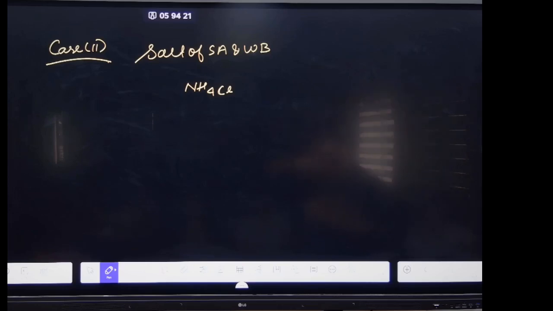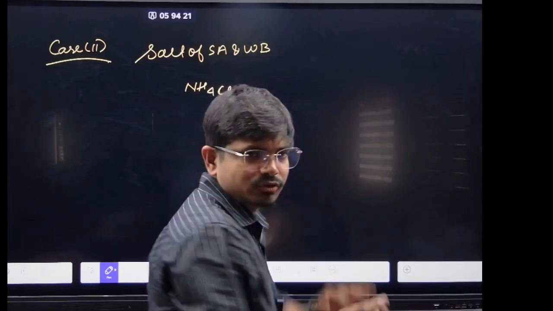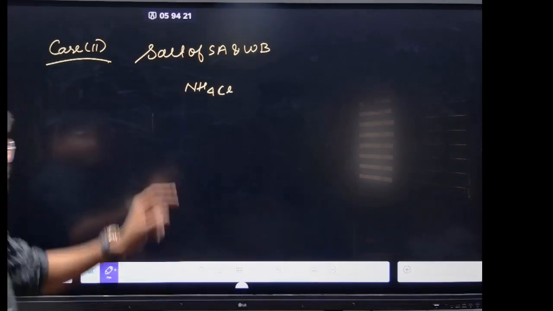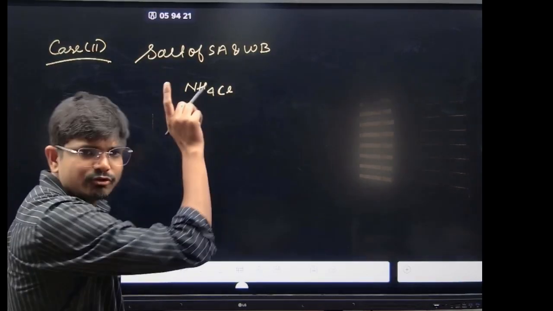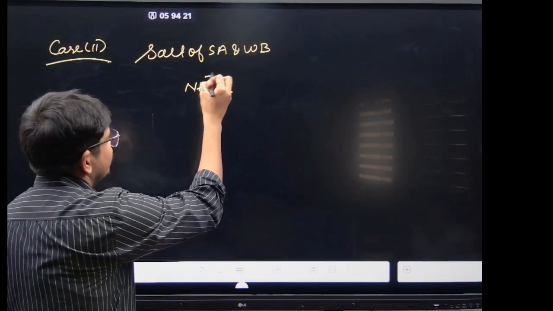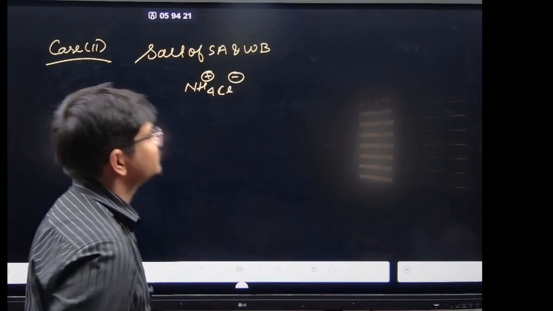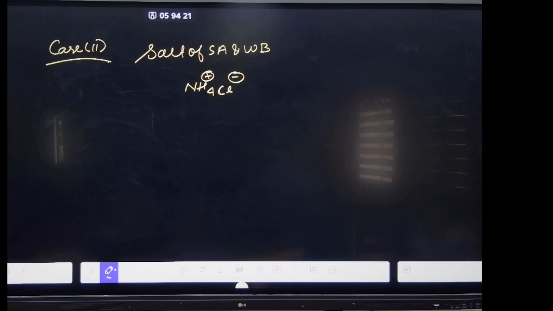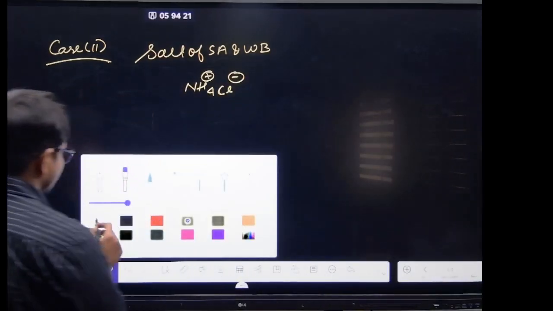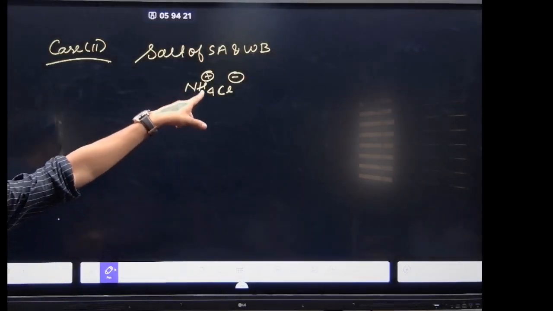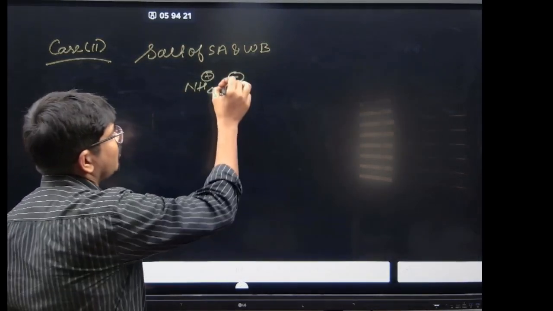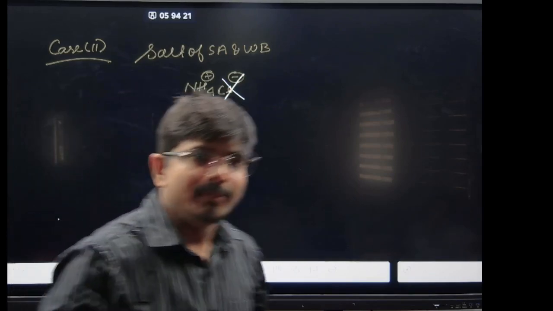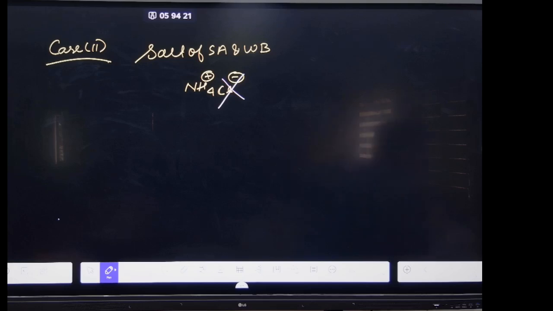Got it? So see here, since this Cl is from the strong part, if I am talking about NH4+ and the Cl-, you see this Cl- will not undergo hydrolysis because it is from the strong part. Because it is coming from the strong acid one.